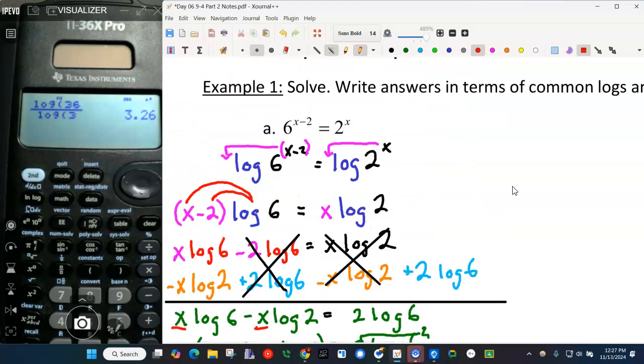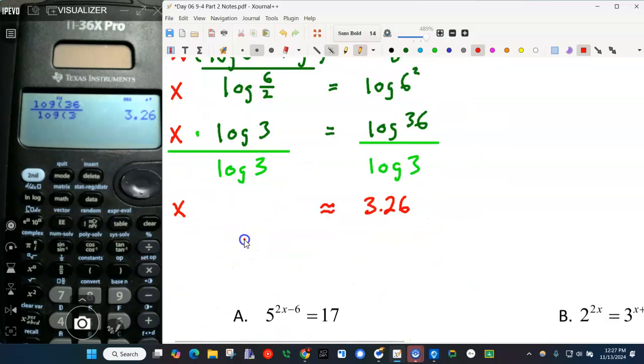And of course, you can check it right over here, plug it in. So is 6 to the 1.26 equal to 2 to the 3.26? And that's the check.